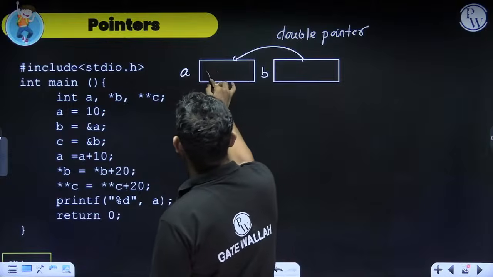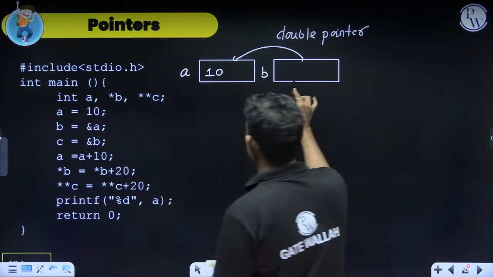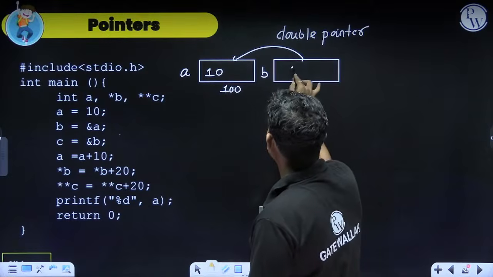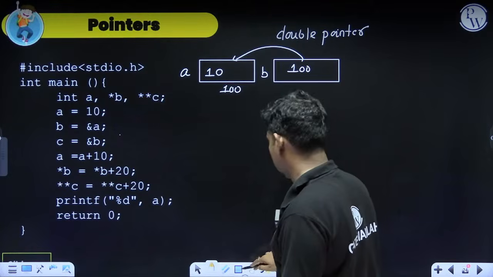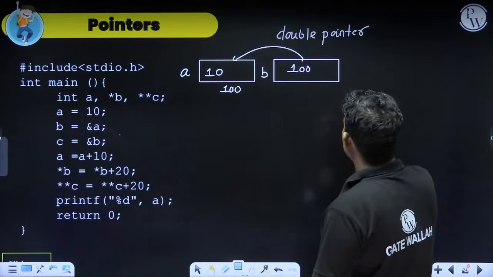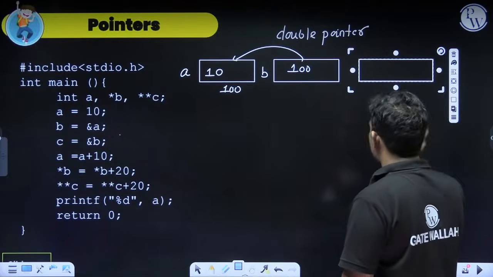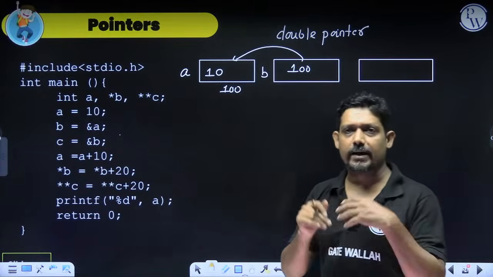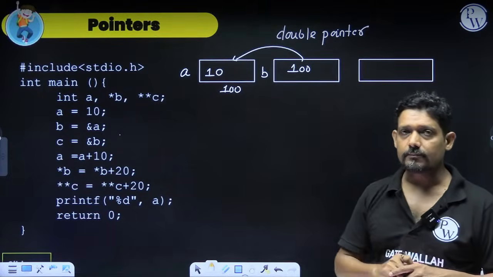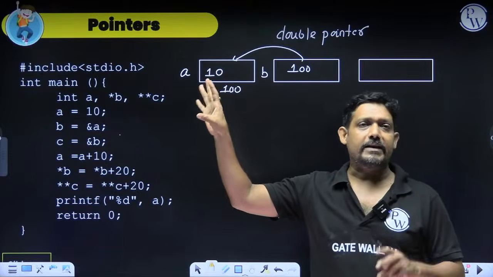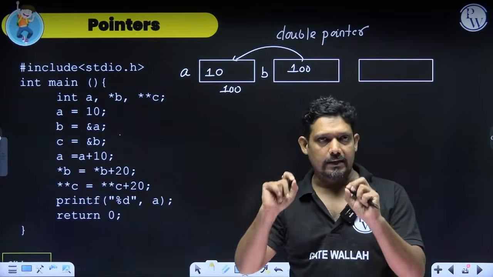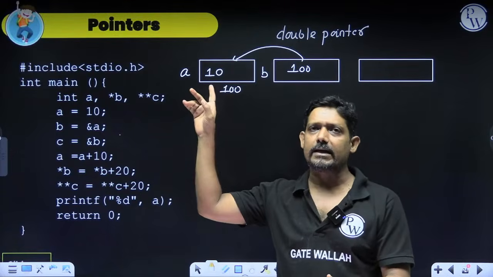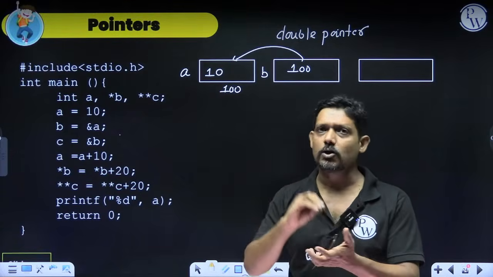Suppose A is 10, B is having the address of A, so let's assume it is 100. This is C. Now data type is very important here. When we say single pointer *B, it contains the address of a single integer variable, address of an integer.